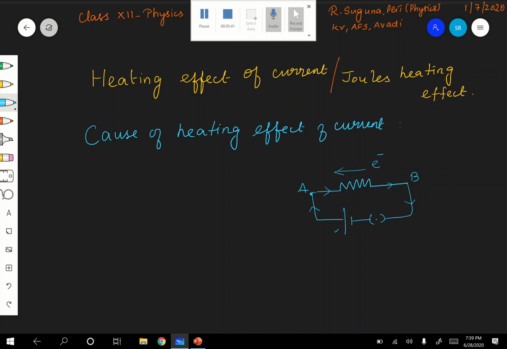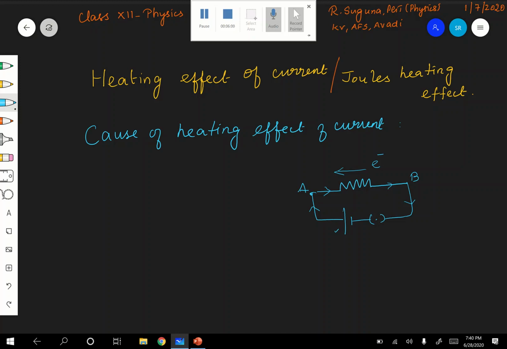But now, because of collisions, they get more energy from the electrons, and they vibrate with a larger amplitude.